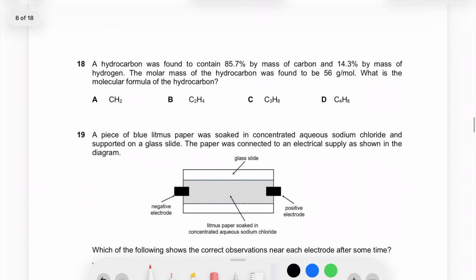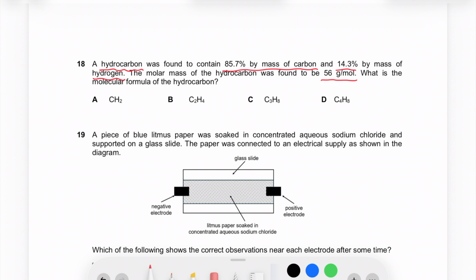Question 18. Hydrocarbon. 85.7 is carbon, 14.3 is hydrogen. So the molar mass is 56 grams per mole. So what's the molecular formula?